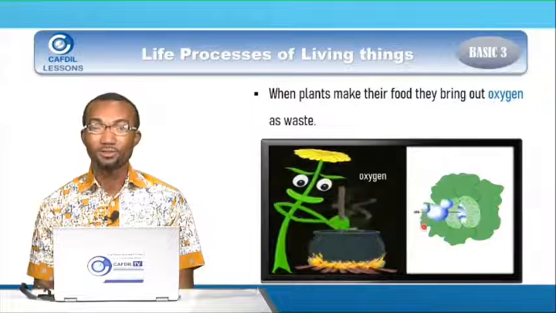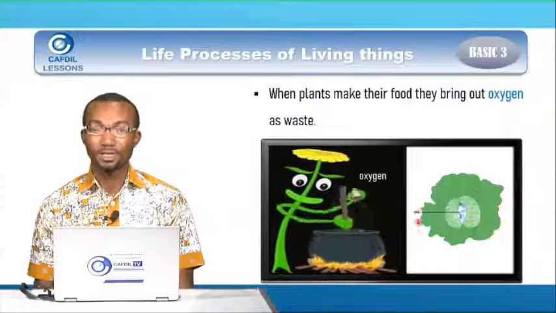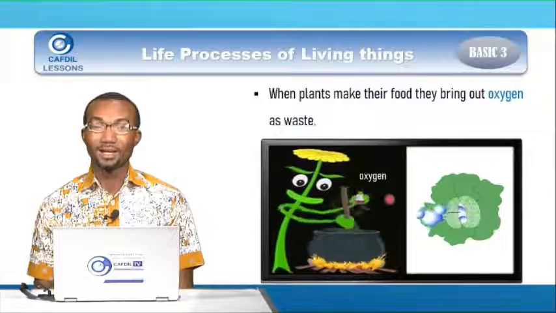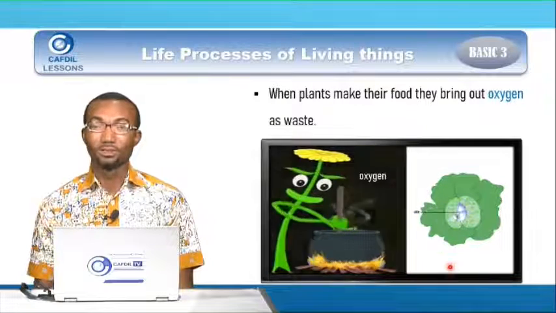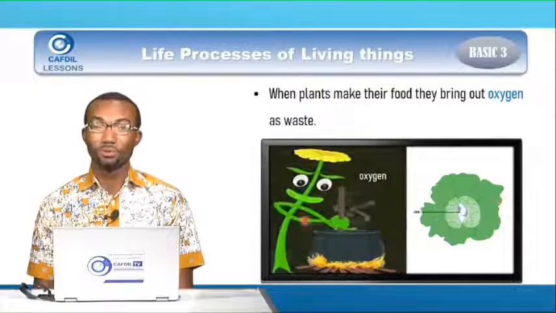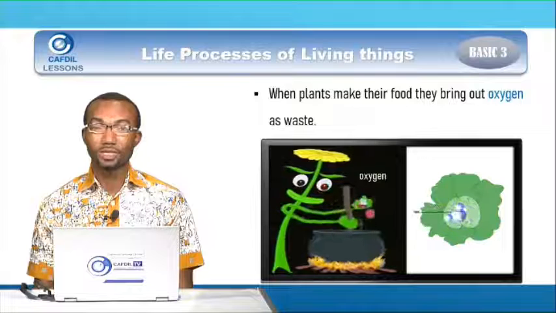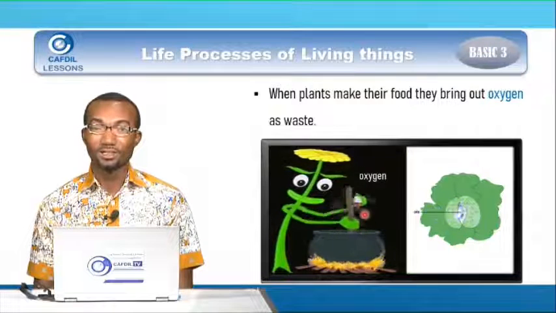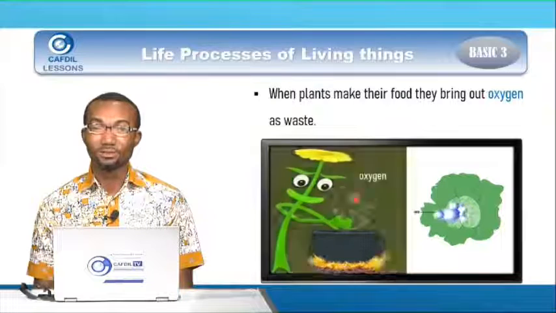We have something in the leaf called the stomata that takes air in and out of the plant. So when they cook, you see the plant here cooking and some vapor coming out. We can say that this is oxygen coming out.